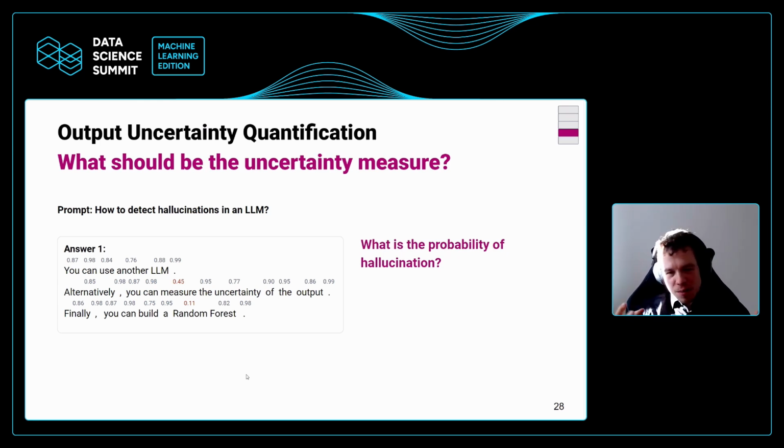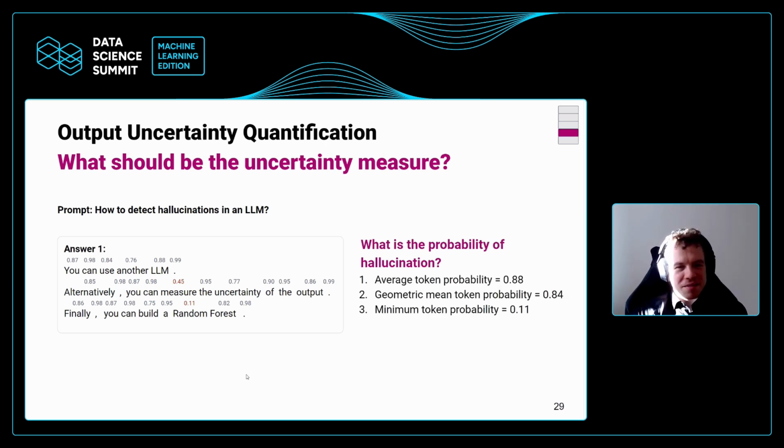And we can approach this from multiple perspectives. The easiest, kind of benchmark approach is to just take these numbers and average them in some way, or take some kind of summary statistic of these numbers. Of course, this is not the only way, but it's one of the ways that doesn't require us to train any other models on it.